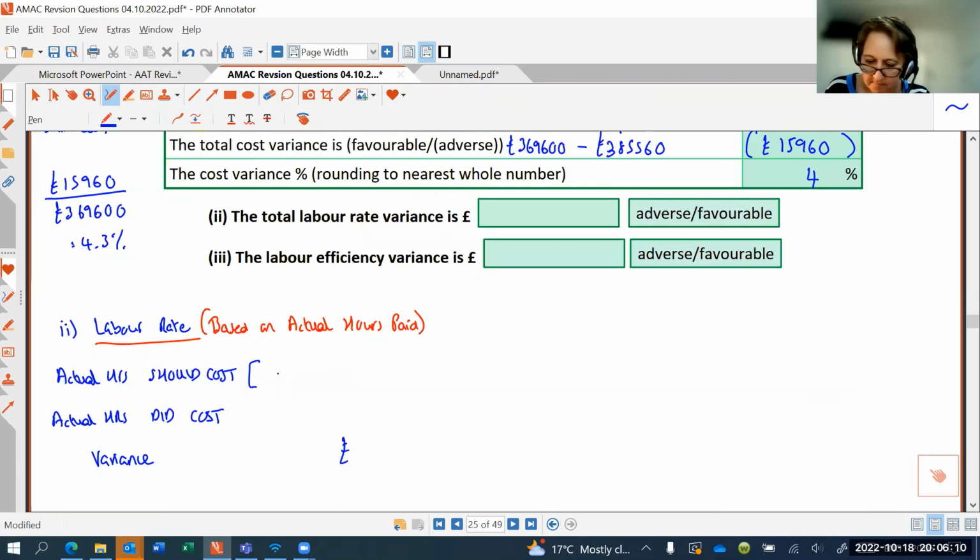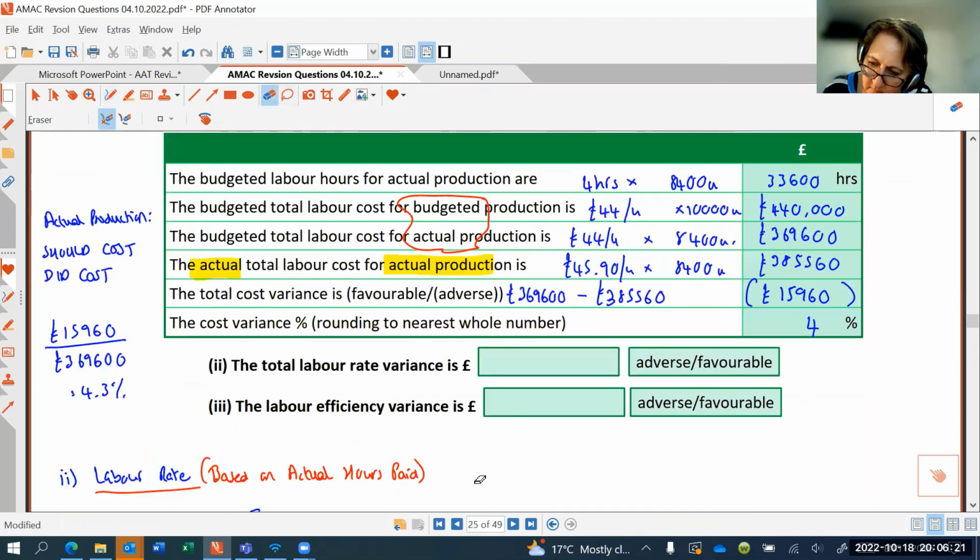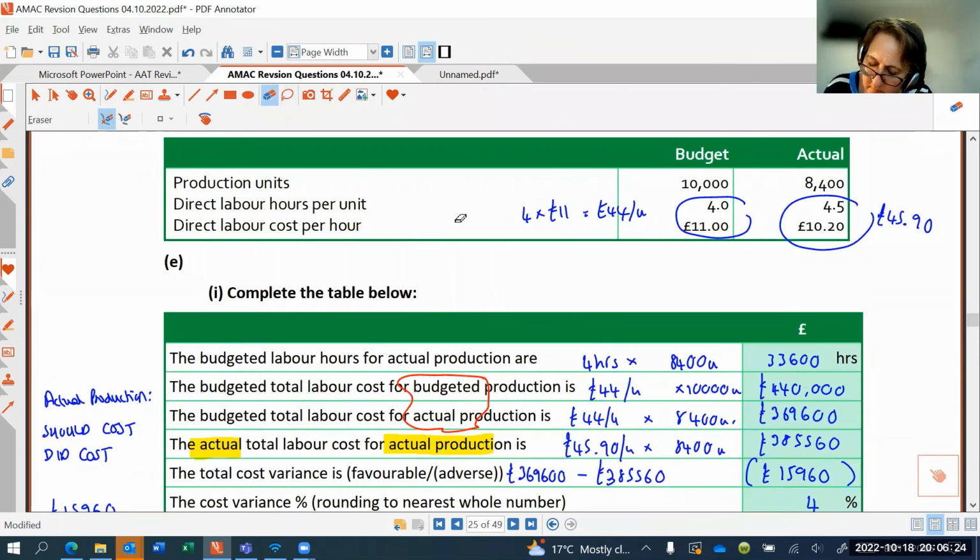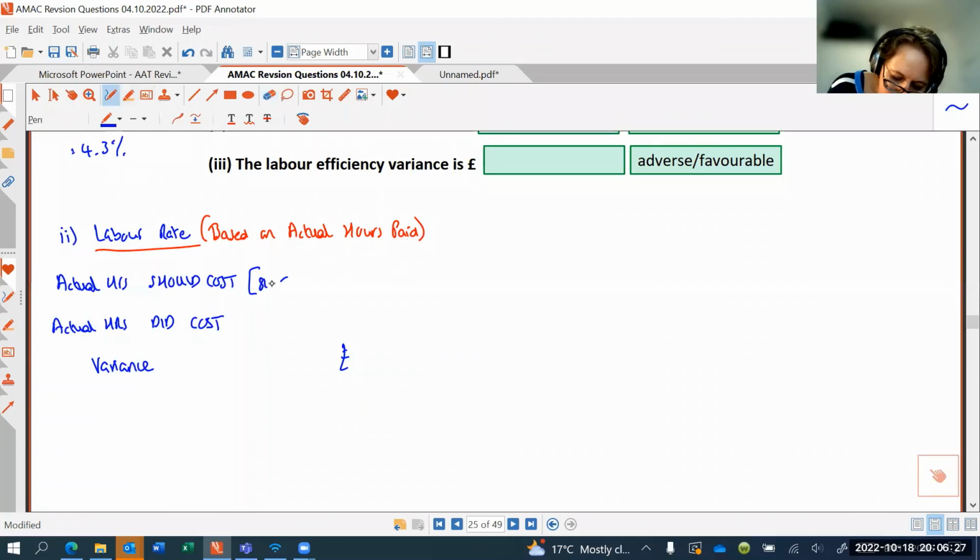Start with that. Very conscious I don't want this to get too squashed now. 8,400 units, 4.5 hours each.